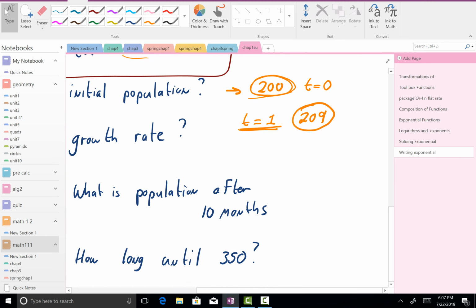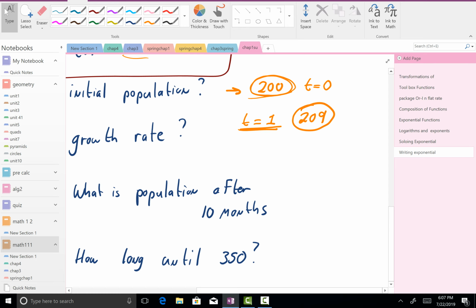Okay, so now we have two different populations, and they're consecutive. One's at 0, one's at 1. And this is an equation, so the growth should be consistent. All right. So now that we have two, how do we find the growth rate?